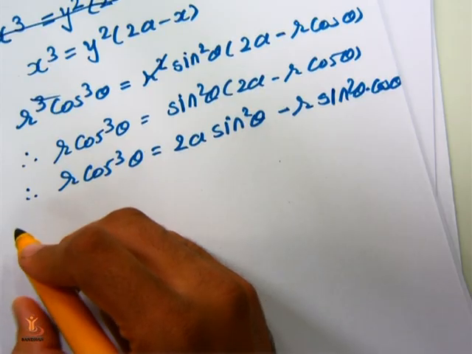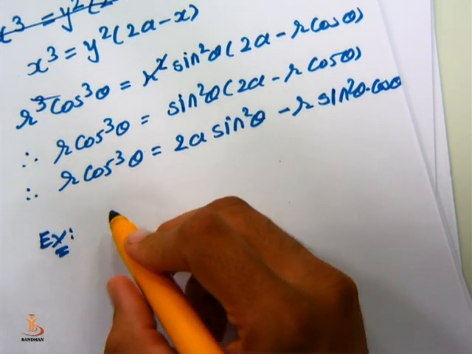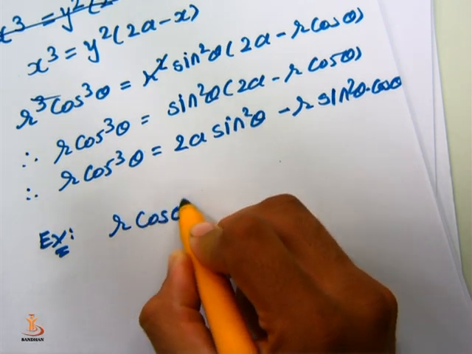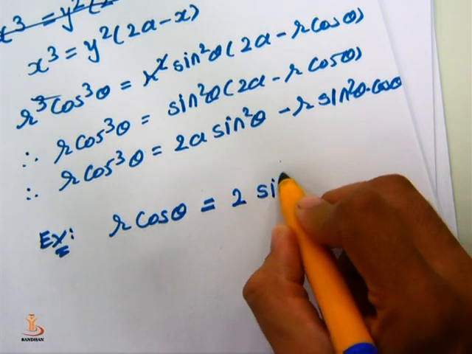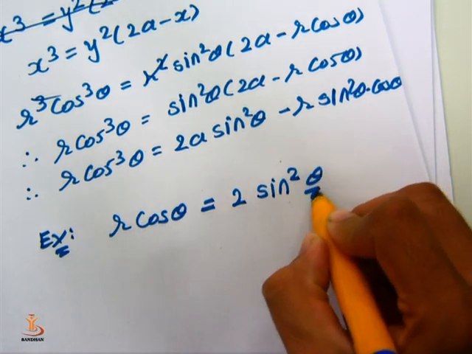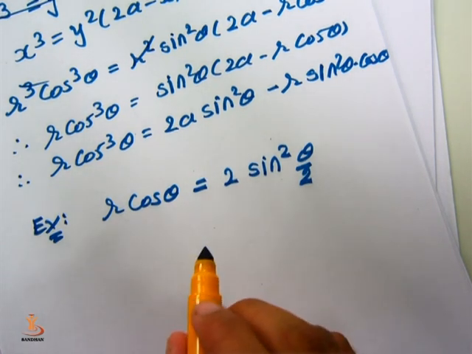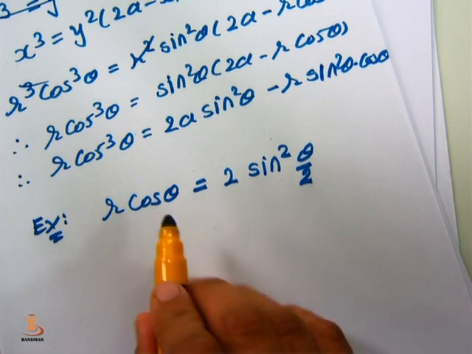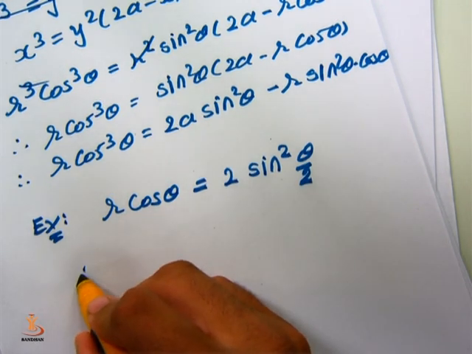Now we are considering one polar equation, say r cos theta equals 2 sin square theta by 2. So again we will use the relationship x equals r cos theta, y equals r sin theta, but at that time we have to convert this equation in terms of proper trigonometric form using some basic identities.